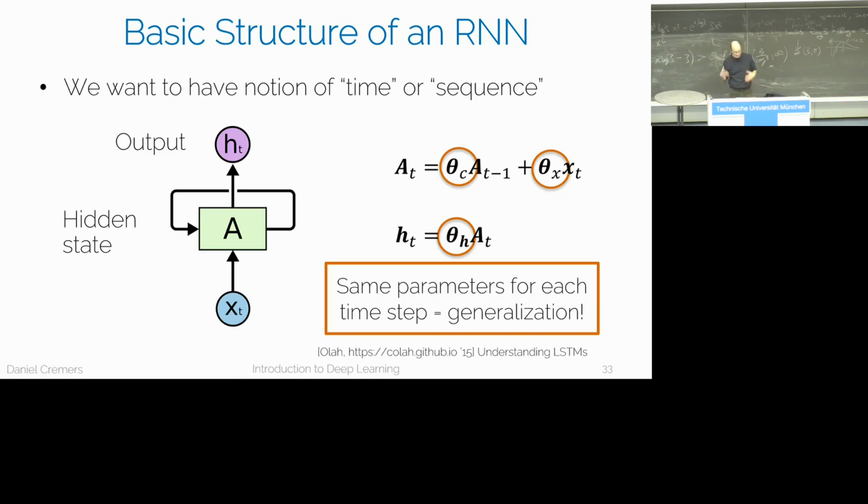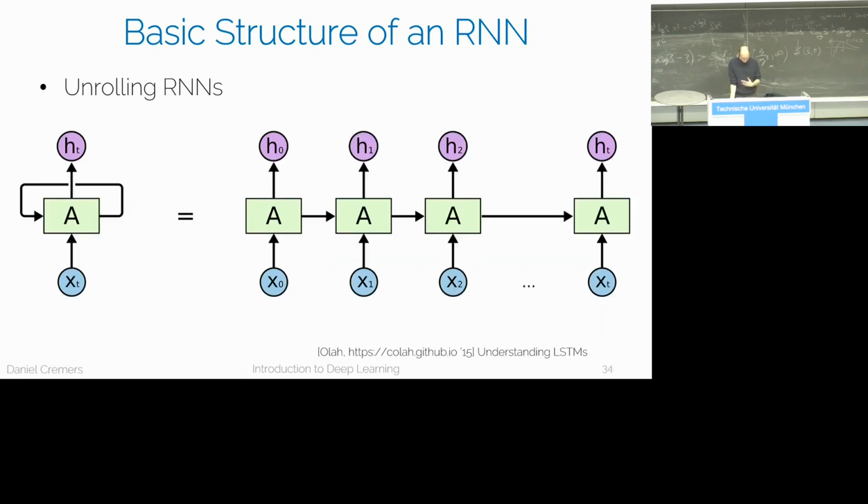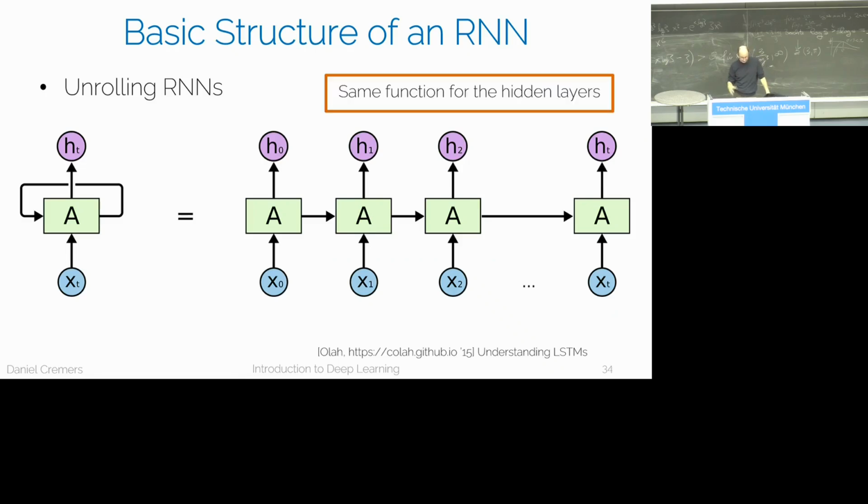But what's nice is that the output ht depends on the hidden state at time t, and we assume the same parameters for each time step, and that way we can generalize to arbitrary length sequences. Now that sounds nice. In practice, you would often unroll this into something with t time steps here. But the idea is that you would have the same function for the hidden layers.